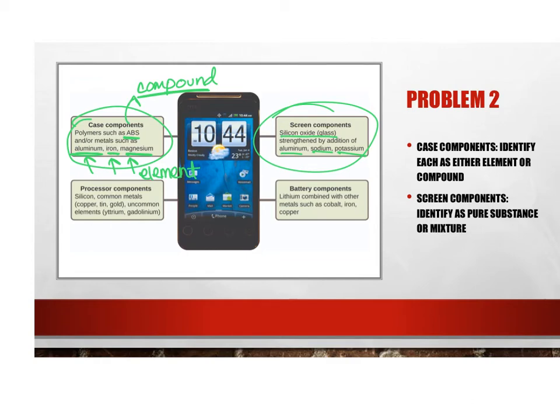If you look back at your matter map, a compound is a pure substance. So the answer here, I'm just going to abbreviate to PS as pure substance. Aluminum, sodium, and potassium can all be identified on the periodic table of elements. Each of them is an element. Elements are pure substances. So I'm going to abbreviate that as PS. So everything that is a screen component is also a pure substance.